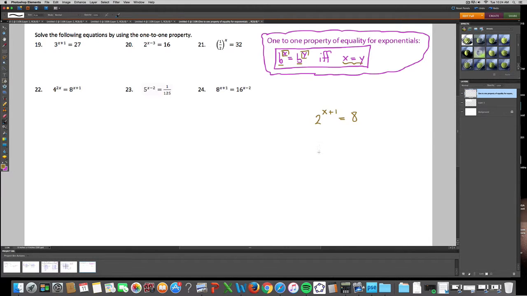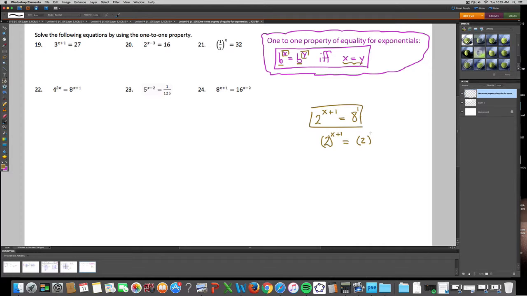As an example of when that might come in handy, something like I've written here, 2 to the x plus 1 equals 8, would be more solvable, because both sides here don't have the same base, but they can both be rewritten as powers of 2. Here, 2 to the x plus 1 is already written with a base of 2, and for the right side, 8, I recognize that's 2 to the third power.